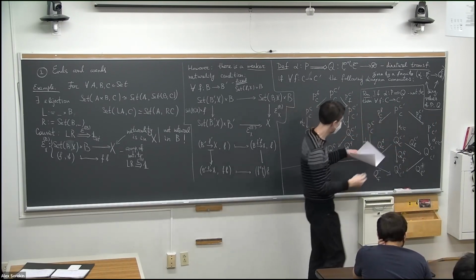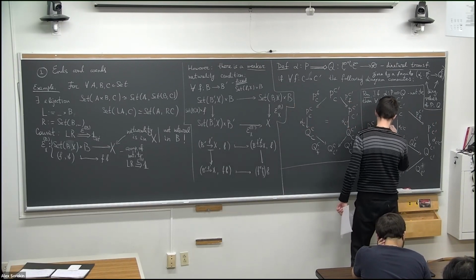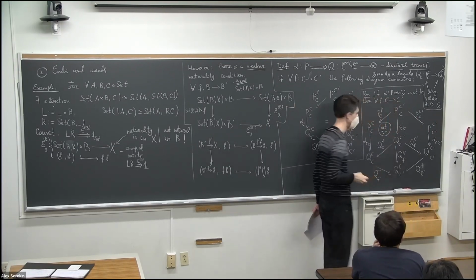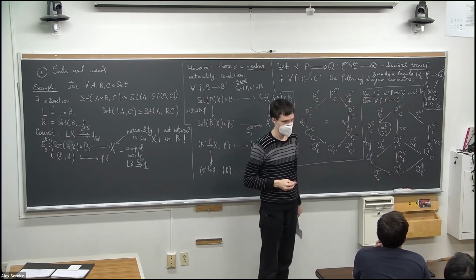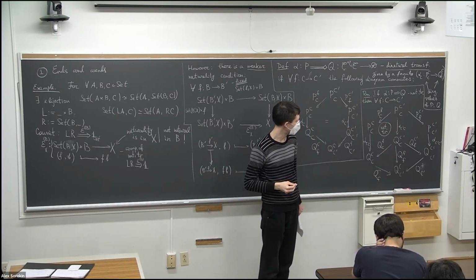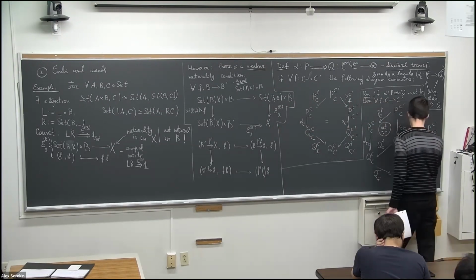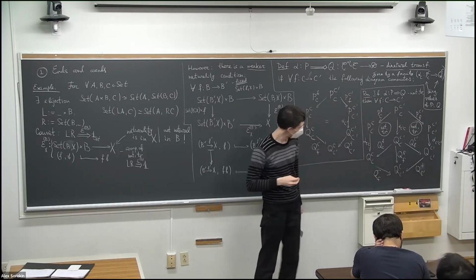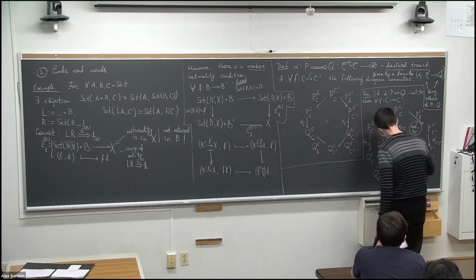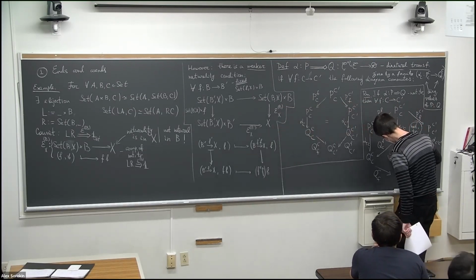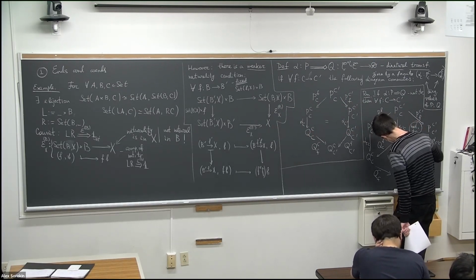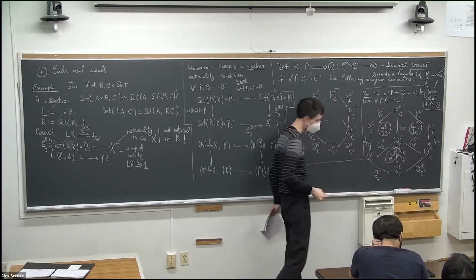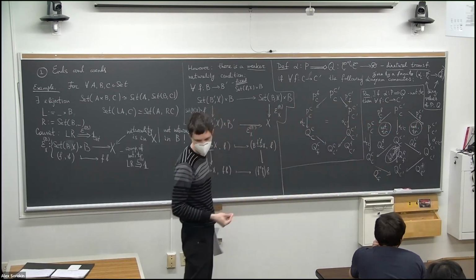So this is by naturality of alpha. Here is again naturality of alpha. And the lower one is by functoriality of the functor everywhere.